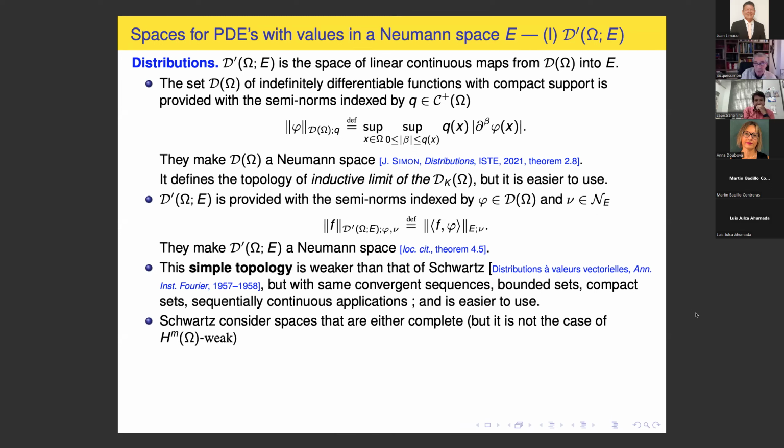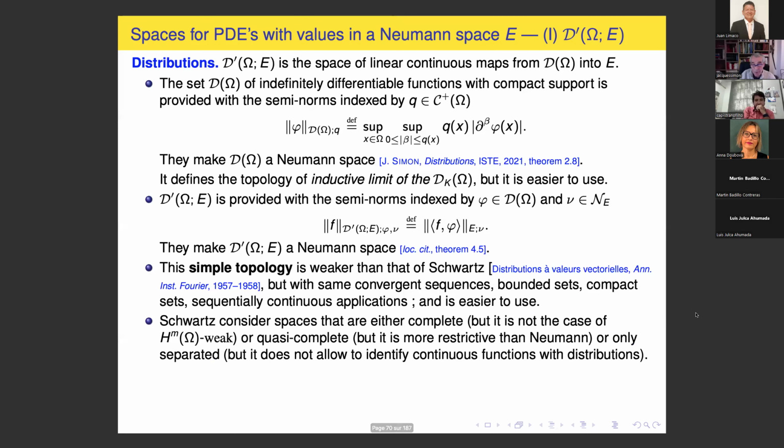Because Schwartz considered either spaces that are complete, but this is not the case of the weak one, as we see, or quasi-complete, but this is more restrictive than Neumann, or only separated, but this is not satisfactory because we cannot identify a continuous function with a distribution in that case.